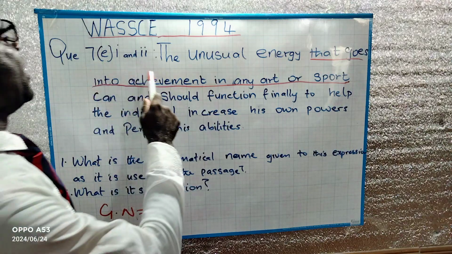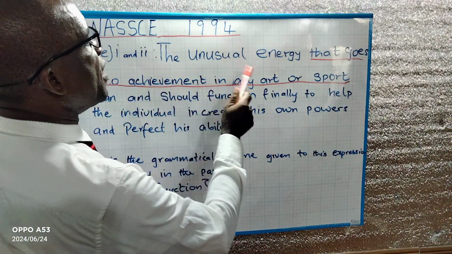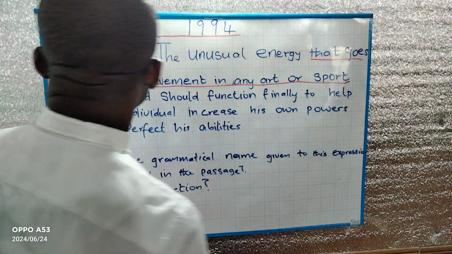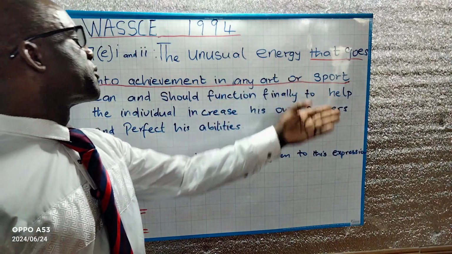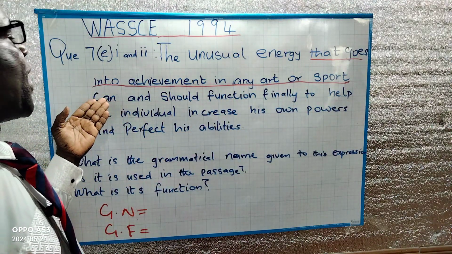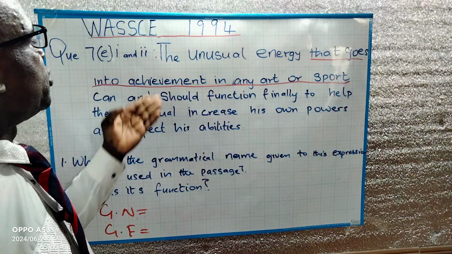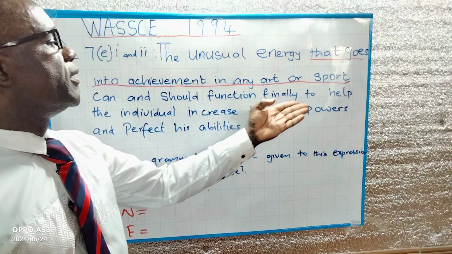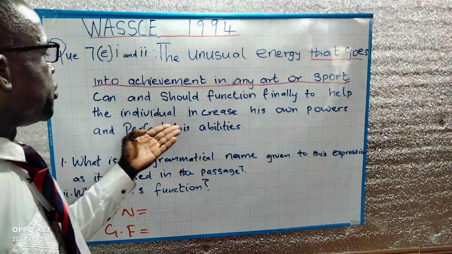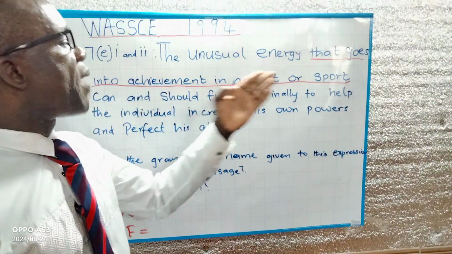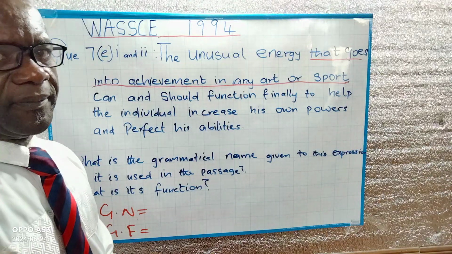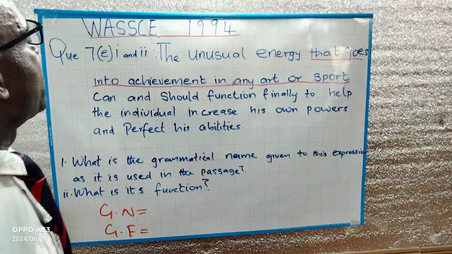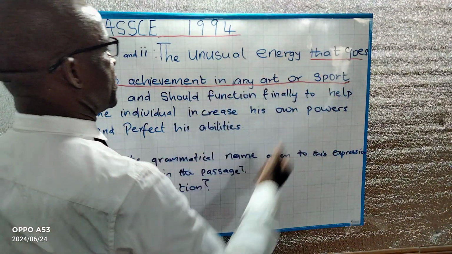And so it says, the usual energy that goes into achievement in any art or sport and can and should function finally to help the individual increase his own powers and perfect his abilities. I'm sure you agree that this is a long sentence, okay?